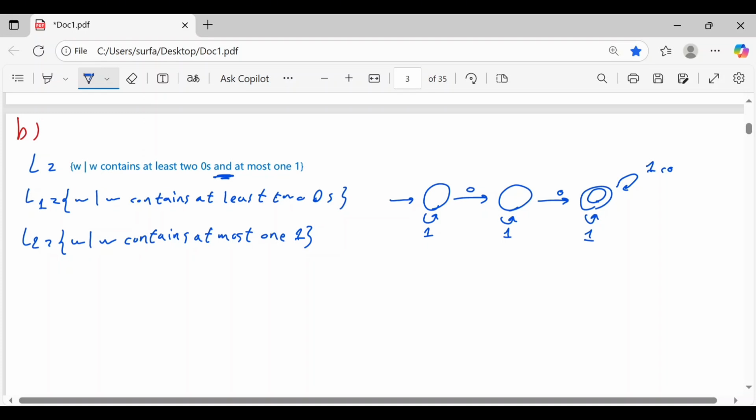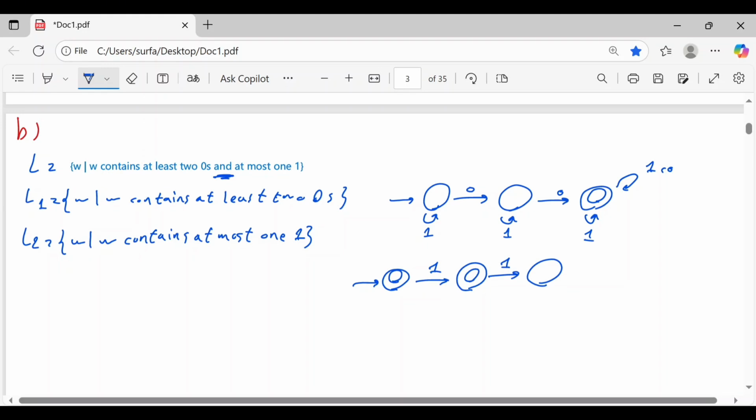L2 says that W contains at most one one. So we will construct our DFA like this. We will continue to add ones until we reach one, so these two states here are our acceptable states. But if we go over this condition and have two ones, we can't accept the string.